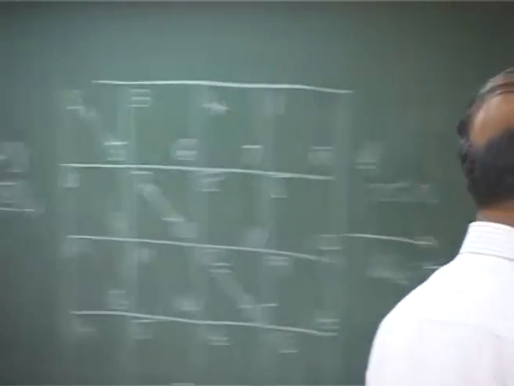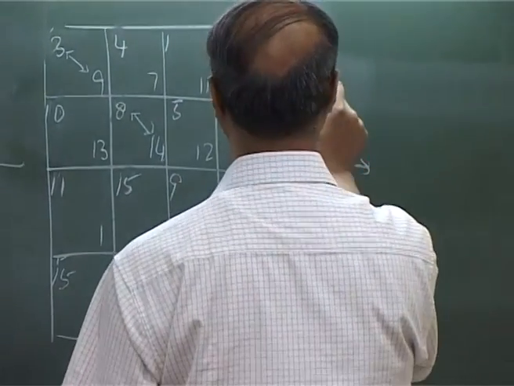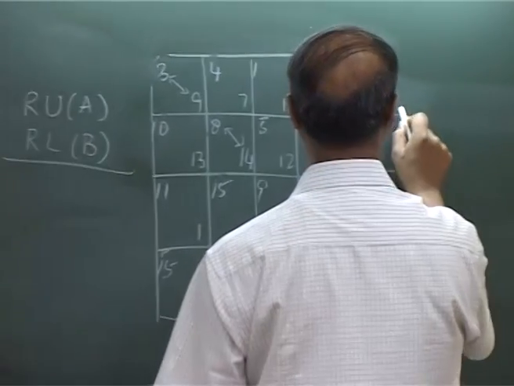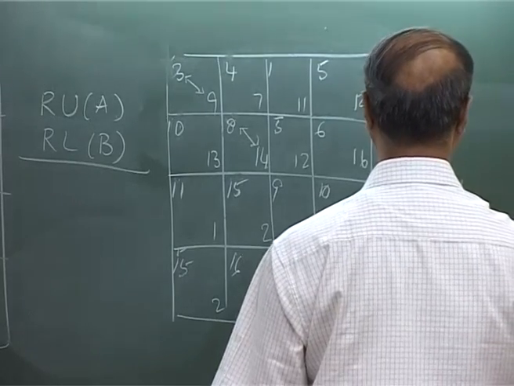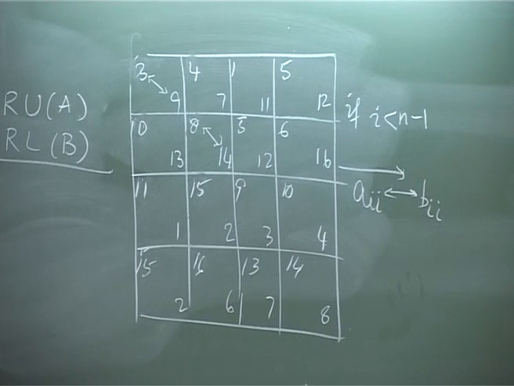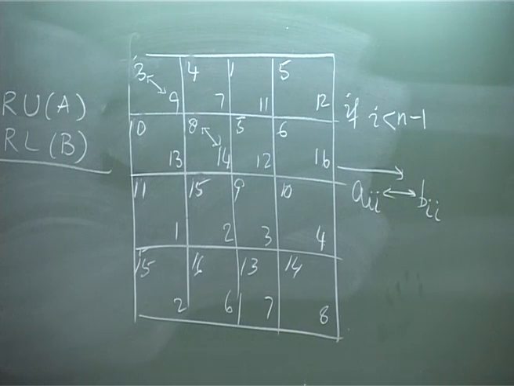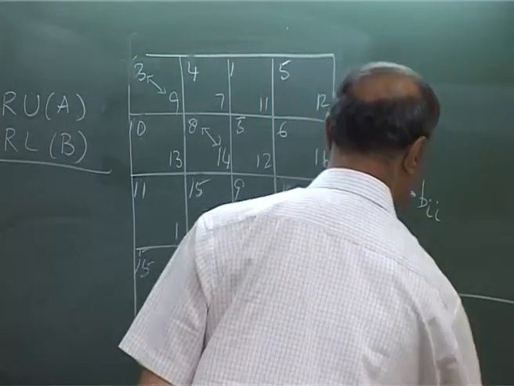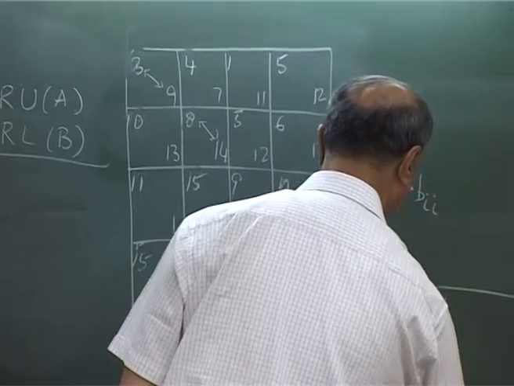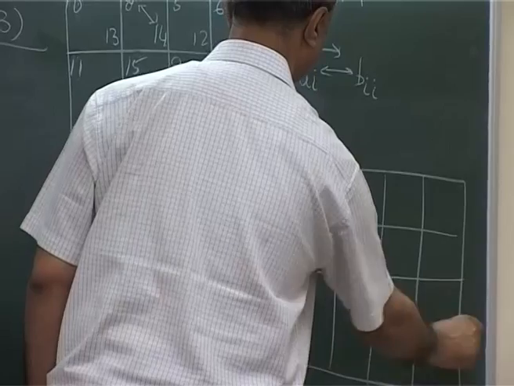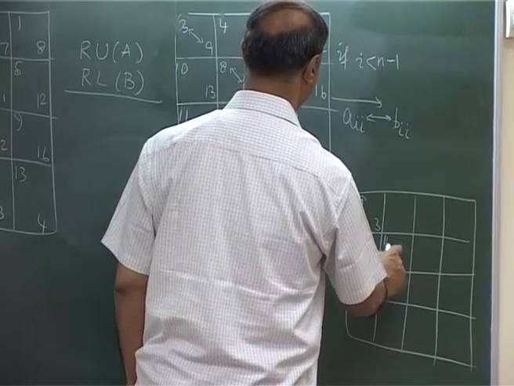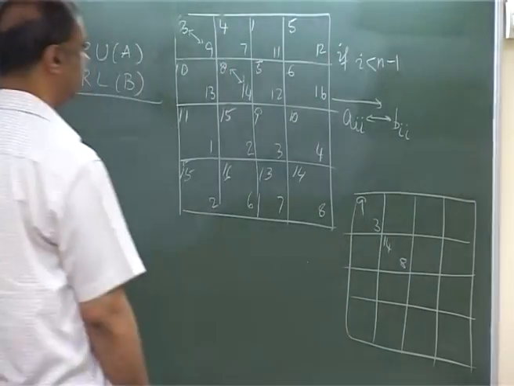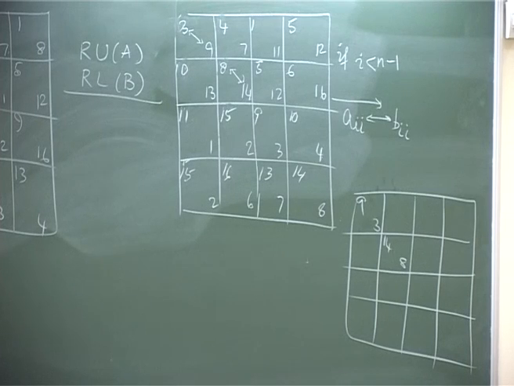So if you transpose these two, here your condition will be if I is less than n minus 1, then AII is transposed with BII. Agree? So what you get here? Nine, 3, 14, 8. And the rest will be the same.